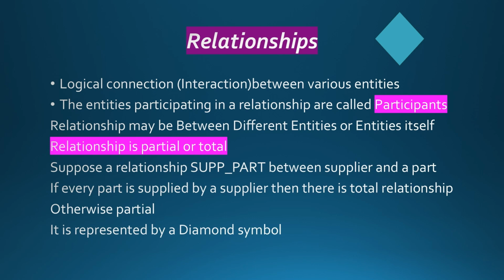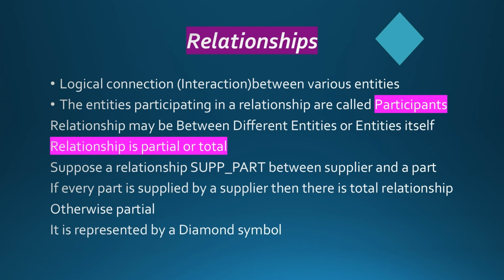Let's start relationships. A relationship is a logical connection, meaning association or interaction, between various entities. Like if we talk about college, teacher, student, courses, library, hostel, all these are entities and these entities are associated with each other.